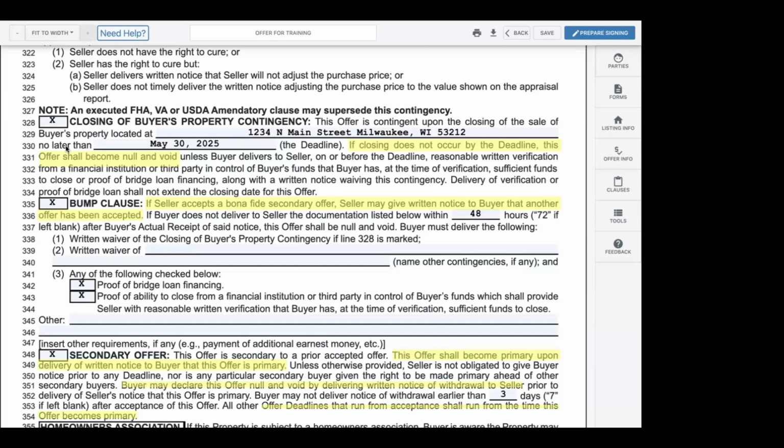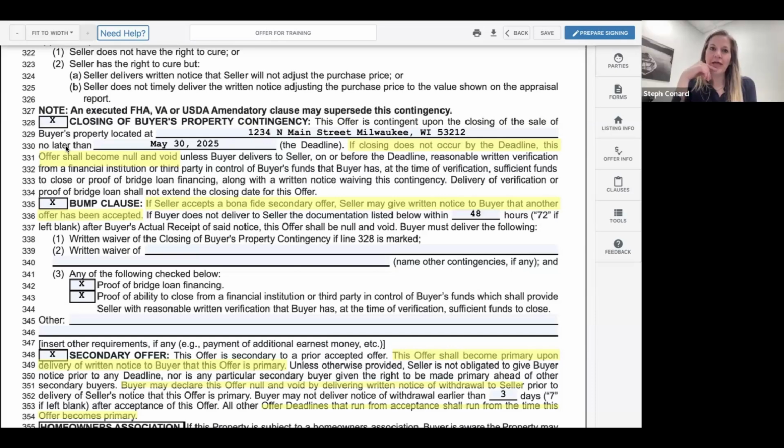Okay. So for someone who submits a secondary offer, buyer number two would have to wait until buyer one's house gets sold before they know whether or not they actually get the first one. That's a good question. No, the secondary buyer does not have to wait to see if this one closes, because once the seller accepts a secondary offer and goes to the primary buyer, they send a notice saying, we accepted another offer.